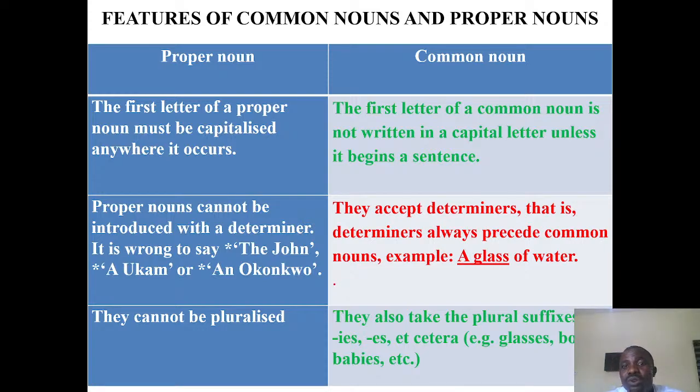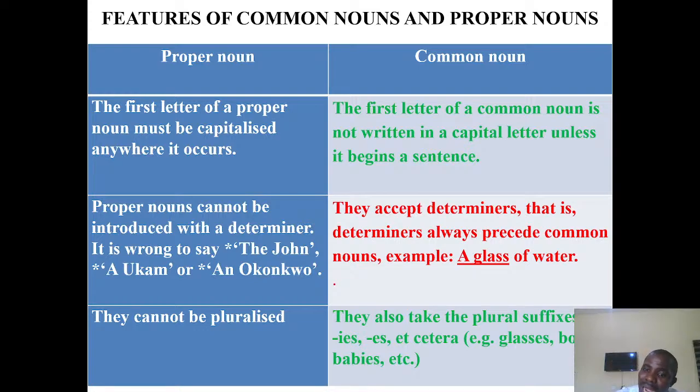It is wrong for you to write "I am talking to uche", starting the word Uche with a small letter. It's wrong, because the word Uche is a specific name of a person and it is a proper noun. The first letter must start with a capital letter.